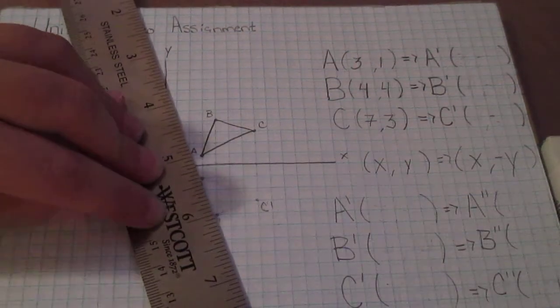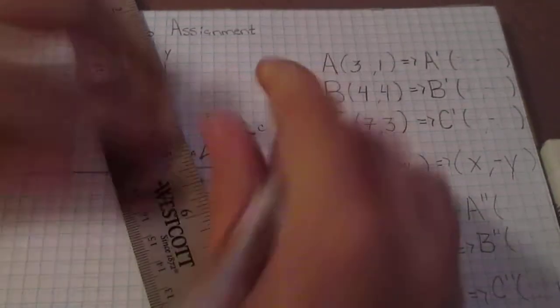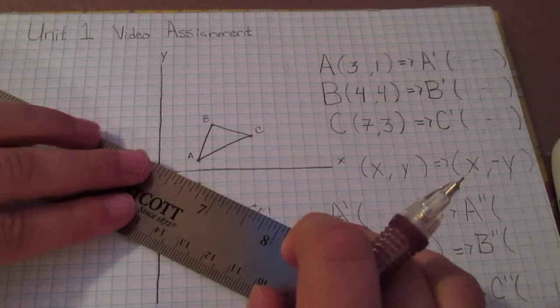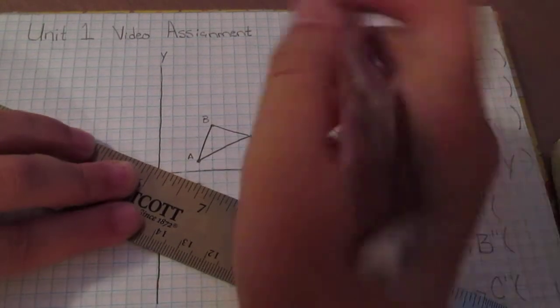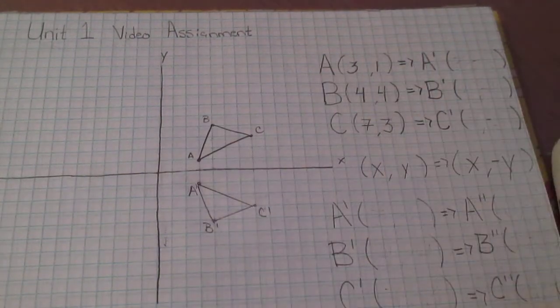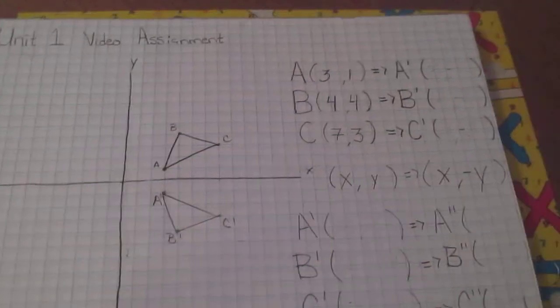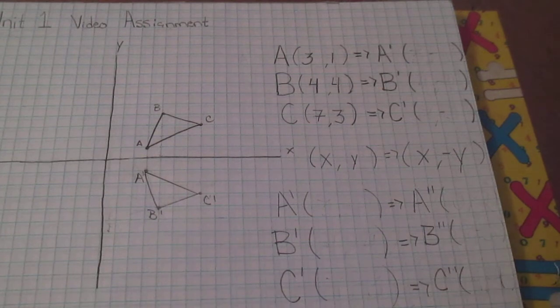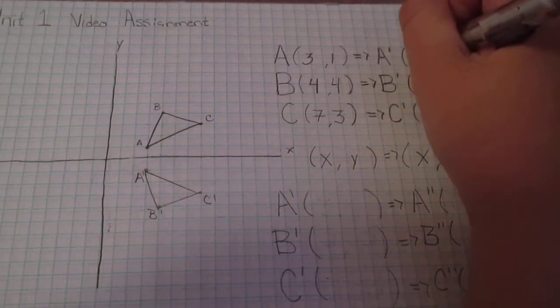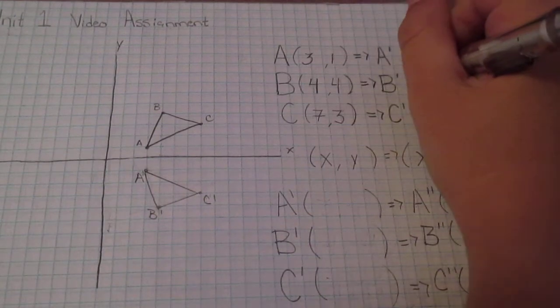And this is going to be my image of triangle A prime, B prime, and C prime. Now as for my coordinates have changed. The x coordinates did not change at all.